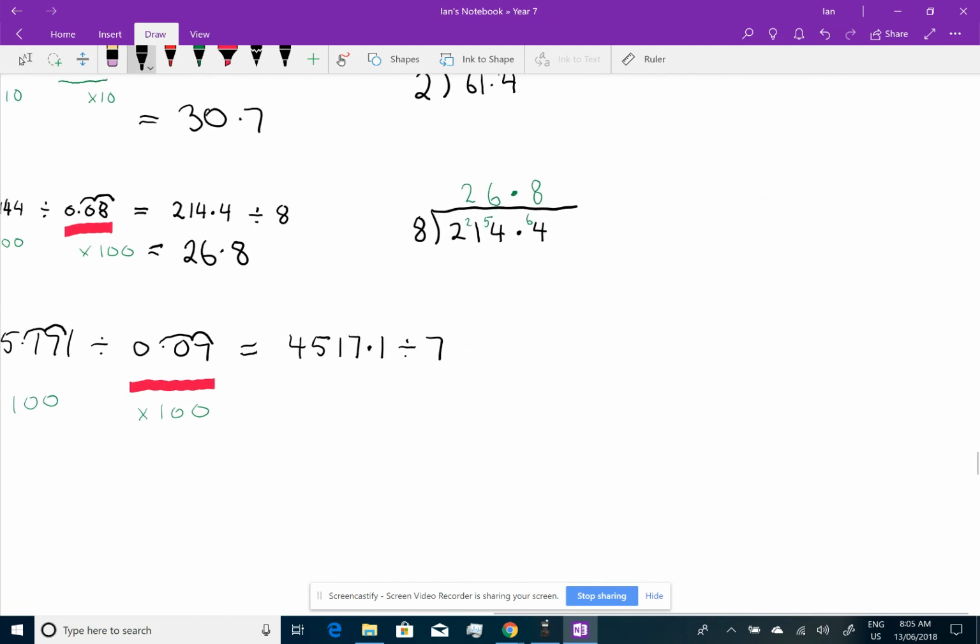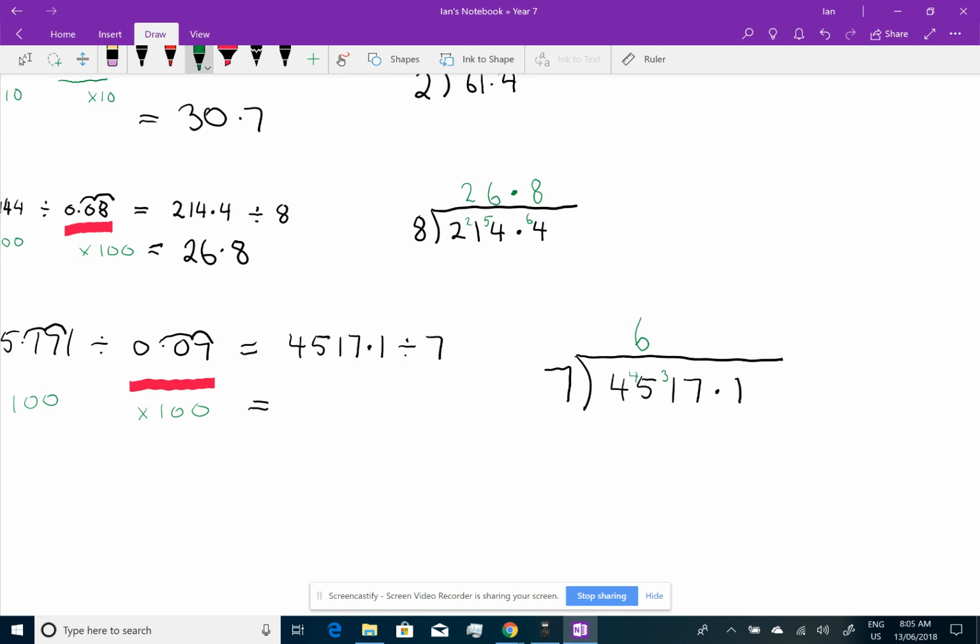Okay, now I'm cooking. 7, I set up my algorithm. 4517.1. It's going to be hard because 7 times table is difficult, but give it a go. 7 into 4 doesn't go. I could put the 0 down, but I don't need to. 7 into 45. Well, 6 sevens are 42. So 6 with 3 left over. 7 into 31.